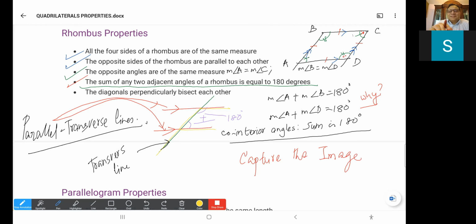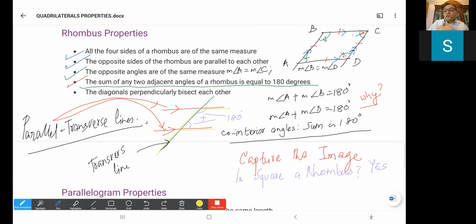Square is a rhombus. So the question was, is a square a rhombus? The answer is yes. So again, we see a square is a special rhombus where all the angles are 90 degrees.